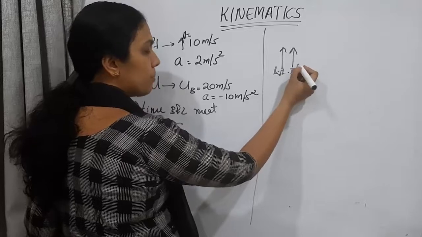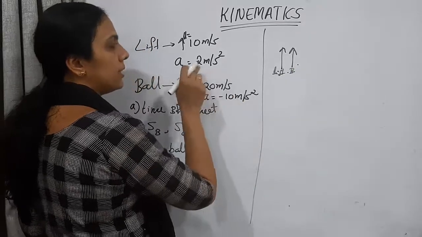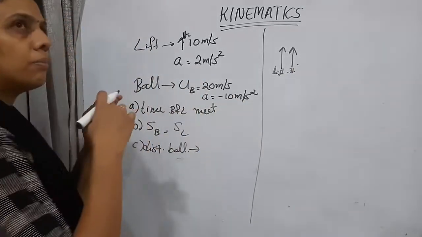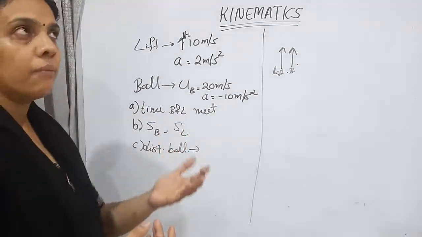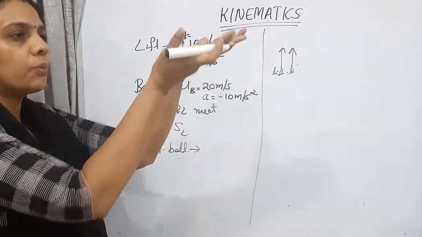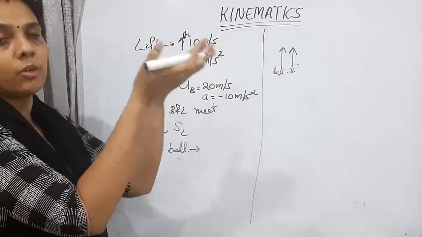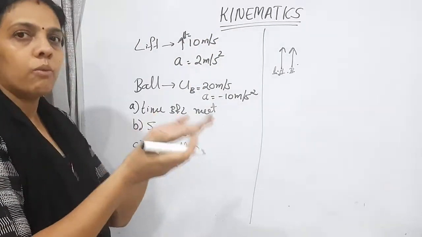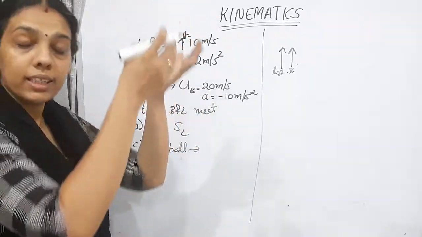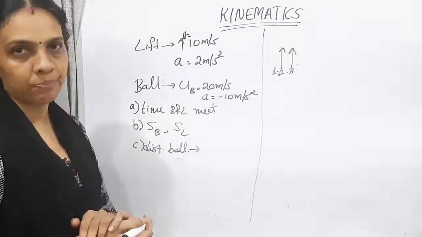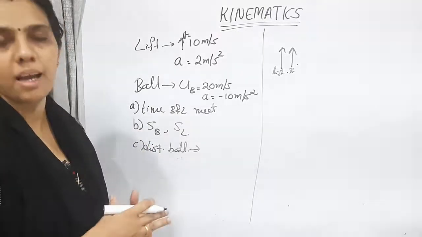Here the lift has more acceleration than the ball, so at one point of time they can meet. Either while both are moving upwards, at one particular point they meet, or the ball moves up and while coming back both can meet. Any one thing can happen.